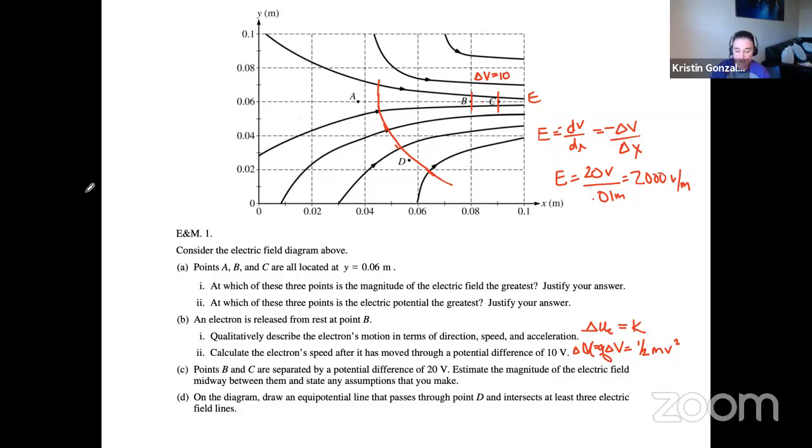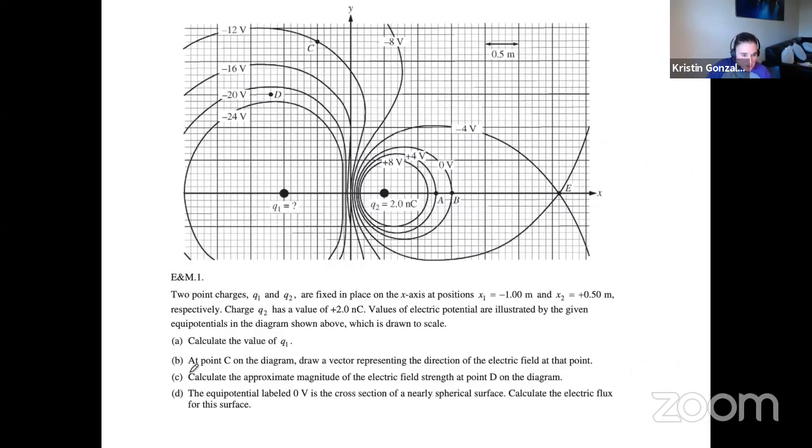I'm going to put up one just for you to think about. Just the first question I have for you, we're not really going to look at these. Looking at these two charges and these equipotential lines, I want you to tell me for tomorrow: we know that the magnitude of charge 2 is 2 nanocoulombs, so is the magnitude of Q1 bigger than, less than, or equal to the magnitude of Q2?